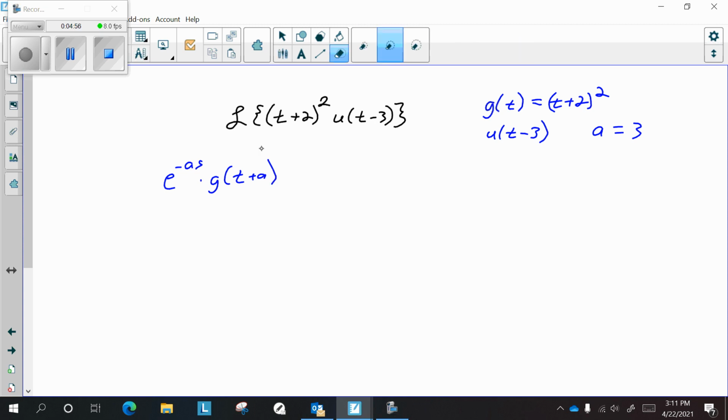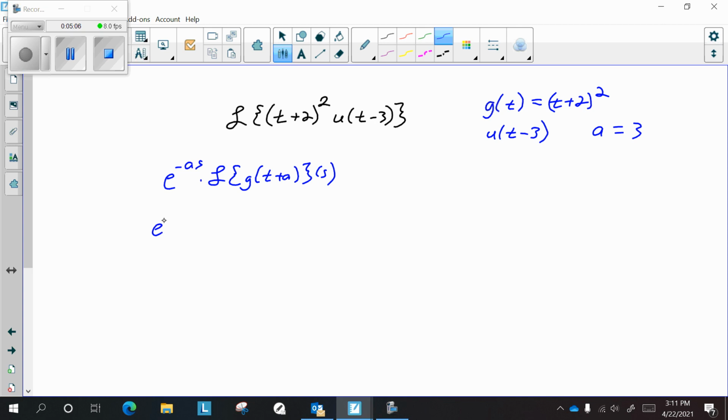And let's be careful. So in our case, a is 3, so e to the negative 3s times the transformation of g of t plus 3.